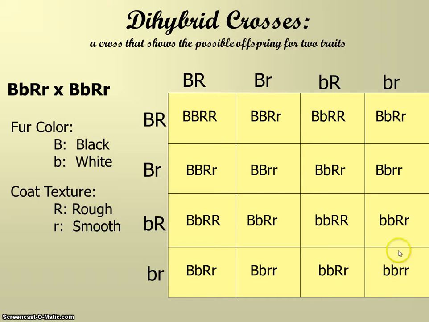So for example, this last box here is homozygous recessive for coat color and for coat texture, and this is the only one that's like this. So there's a 1 in 16 chance that a baby will be born with that genotype.